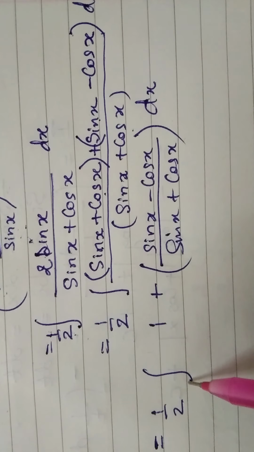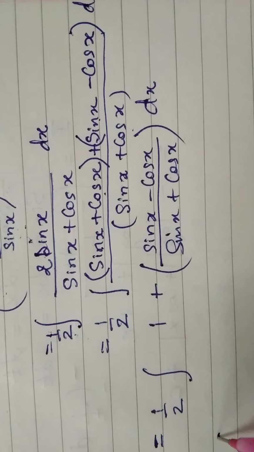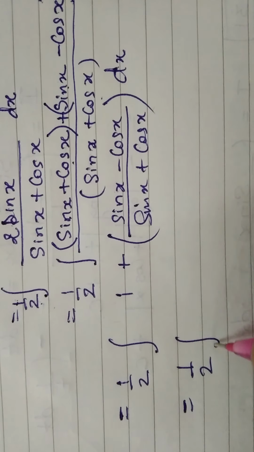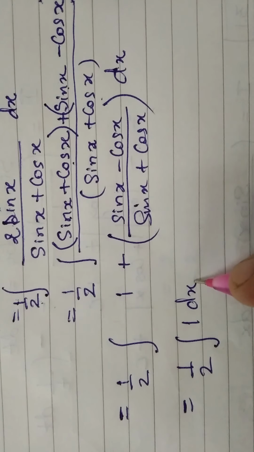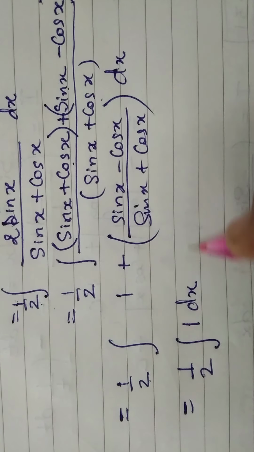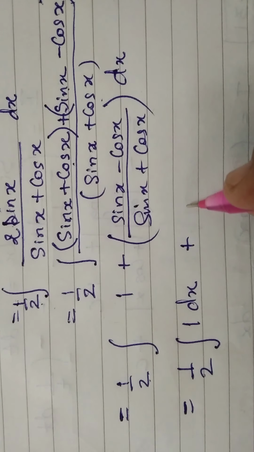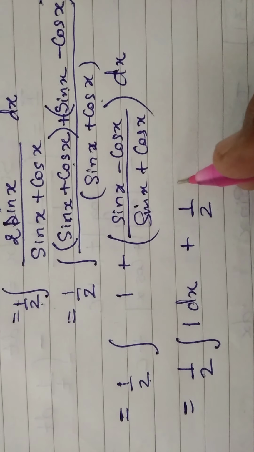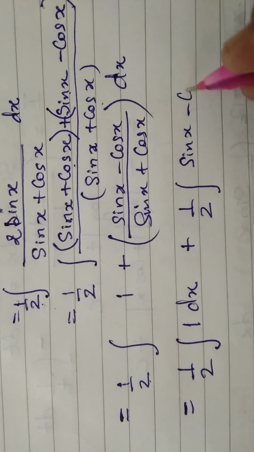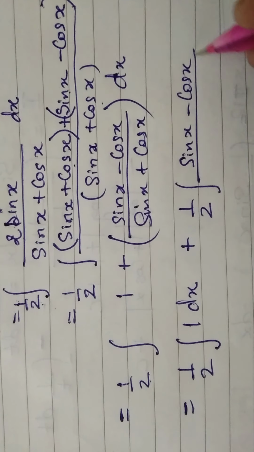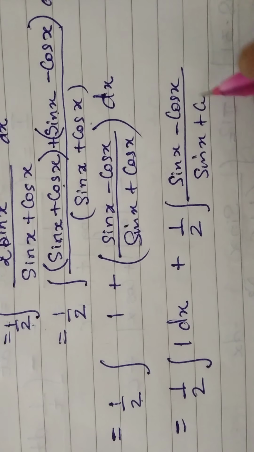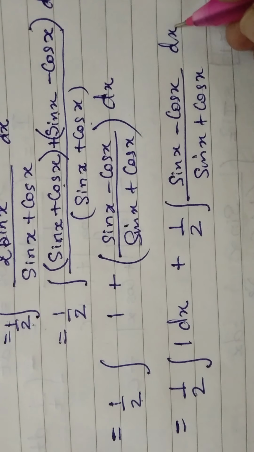Now I separate my integral sign for both of them. So now it would appear like 1/2 integral 1 dx, and this 1/2 is for both the terms. So again I have plus 1/2 and integral, and I have sine of x minus cos of x upon sine of x plus cos of x and dx.